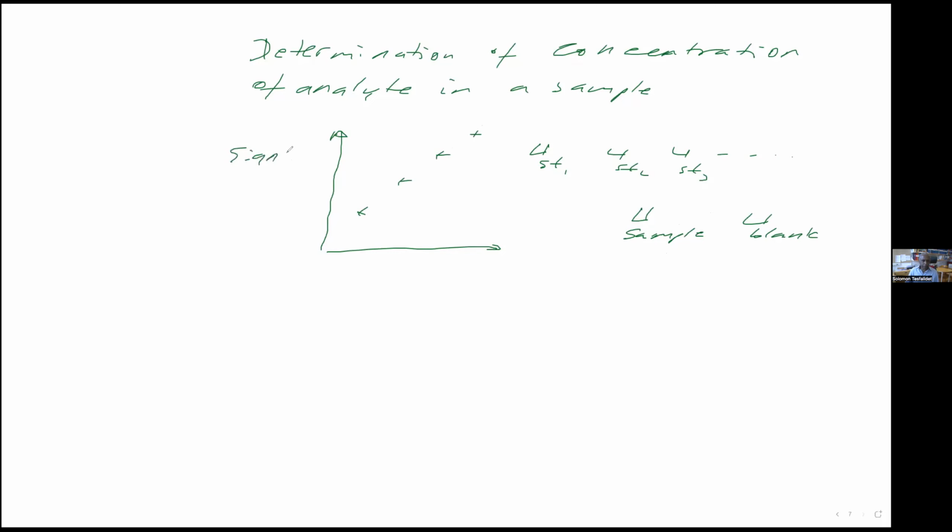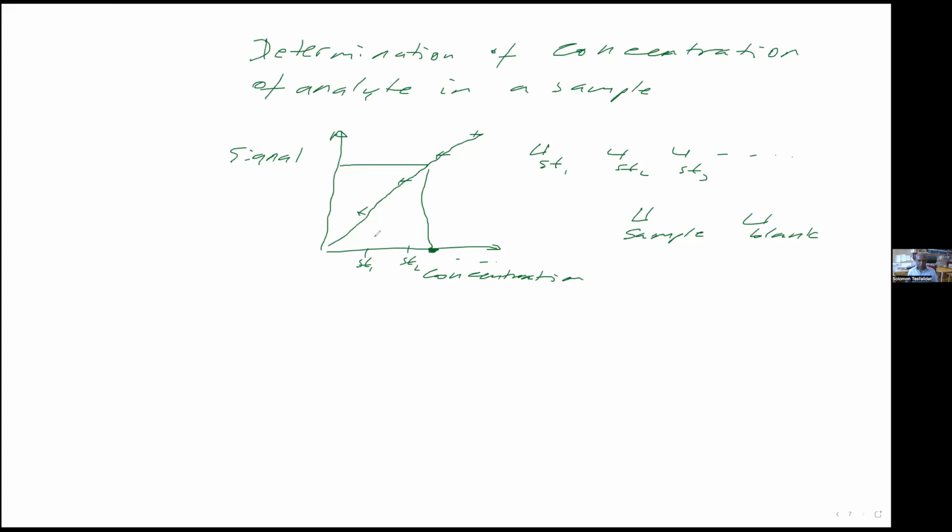So hopefully then you will get a linear relationship between the signal and the concentration of the standards. This is standard 1, 2, and so on. Then what you do is you go with the signal which you get for the sample and read the corresponding concentration on the x-axis.